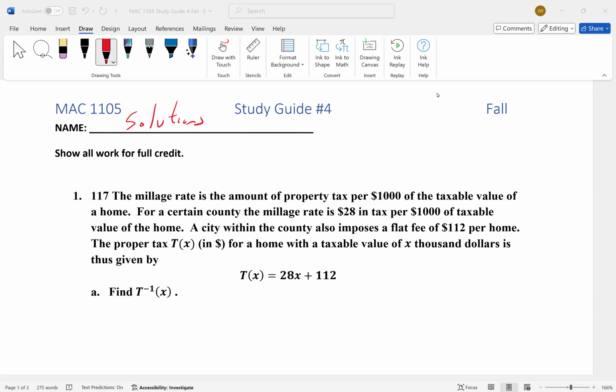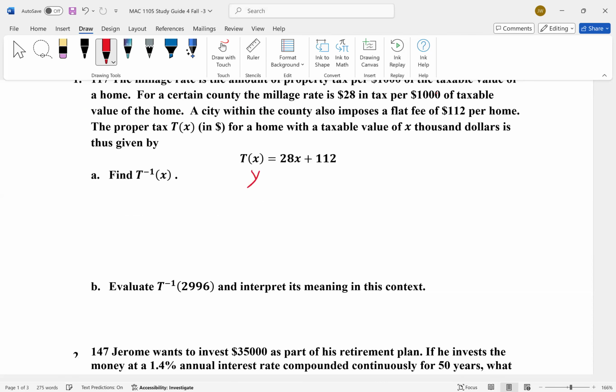We want to find T inverse of X. So first we replace T of X with Y. So Y equals 28X plus 112. Then we interchange X and Y. So X equals 28Y plus 112.